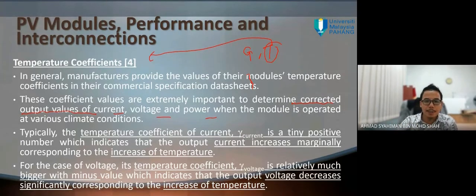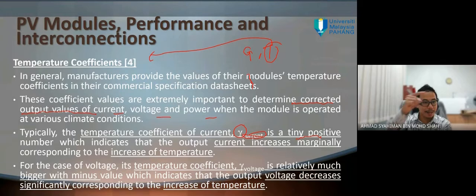So typically temperature coefficient of current is a tiny positive. Okay, ini dia punya simbol, gamma current. Gamma current ni, temperature coefficient of current is a tiny positive number. Nanti akan tengok dekat datasheet lah, memang nilai positif yang kecil. Itu untuk current.